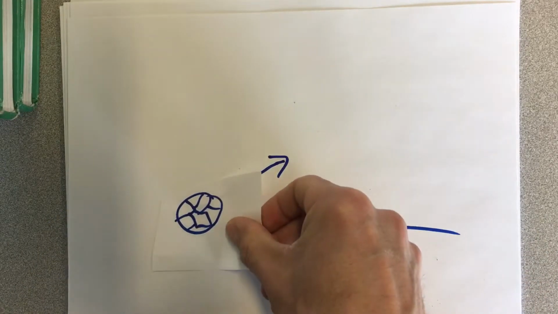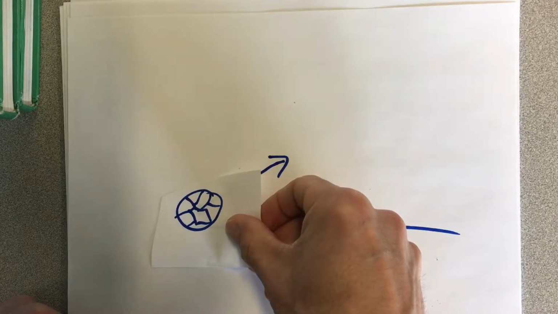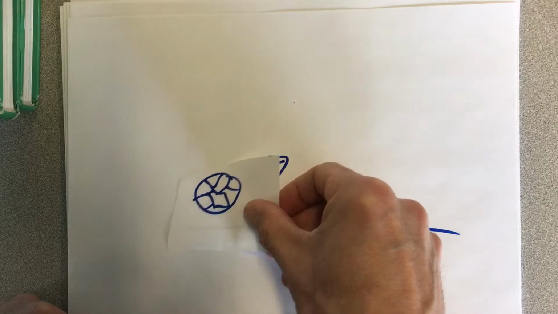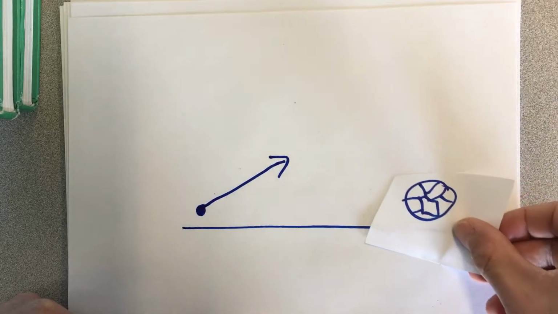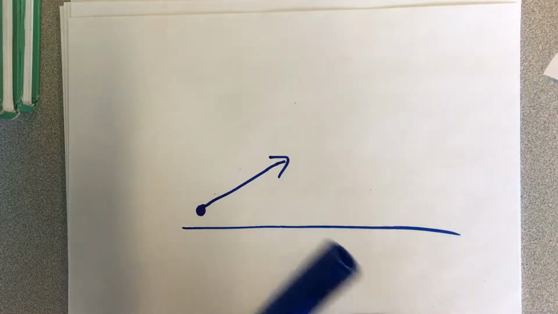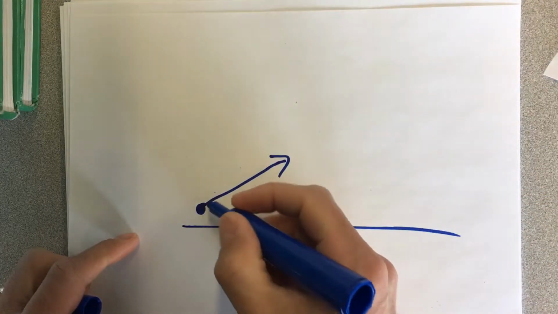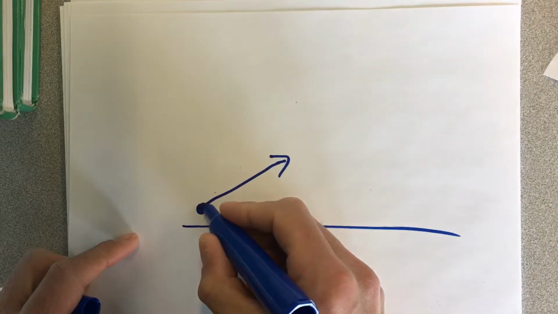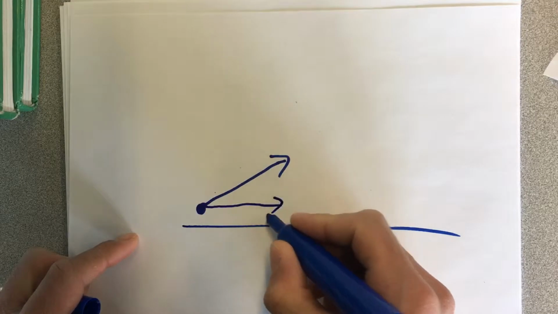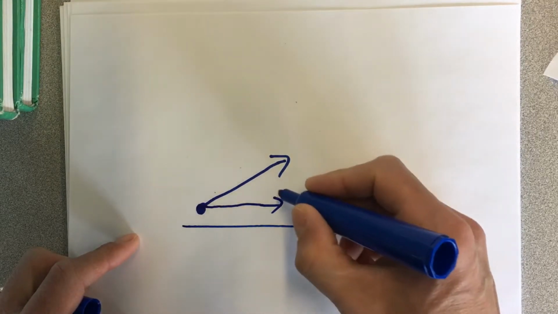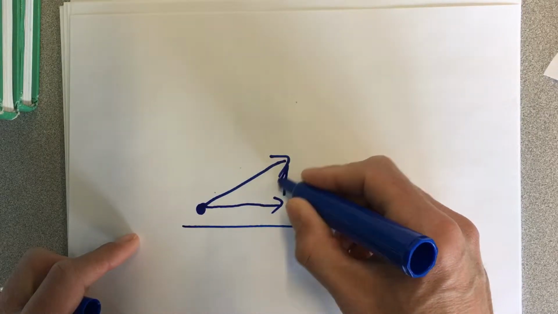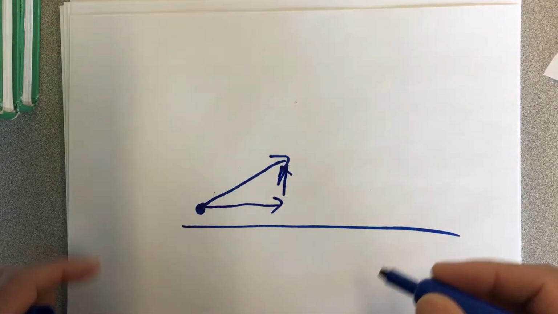Because it's subjected to gravity, this ball will immediately accelerate downward, so its path is going to look like this. The way we analyze this is we split it into components. We consider the horizontal component of its velocity and the vertical component of its velocity.